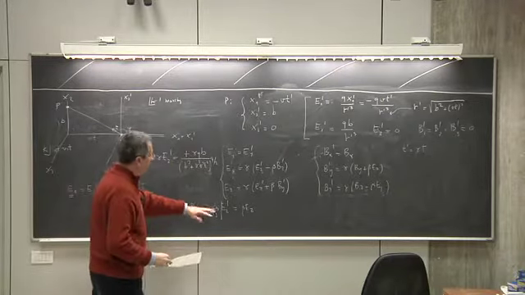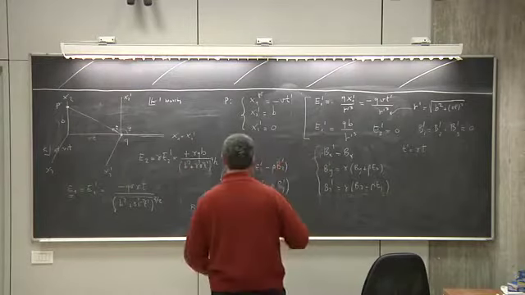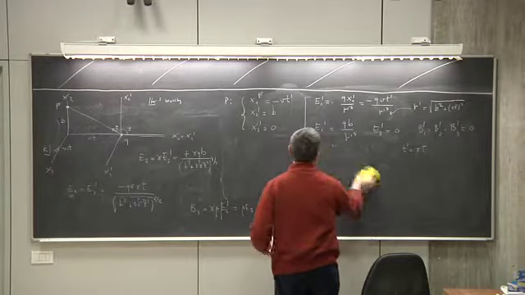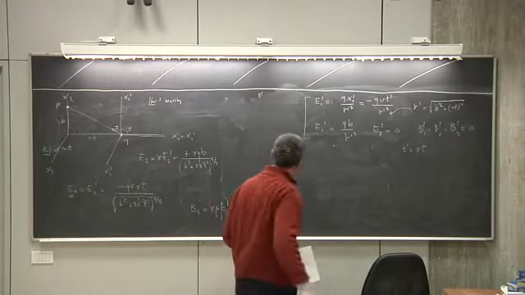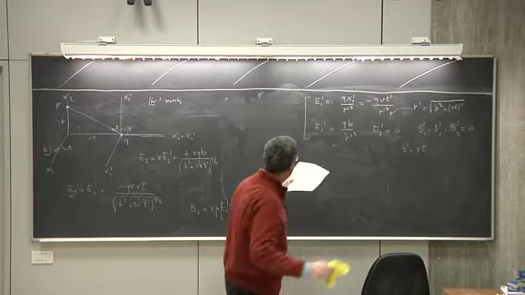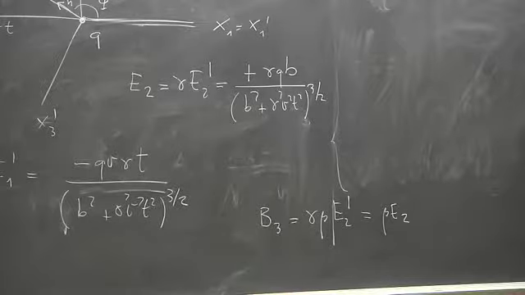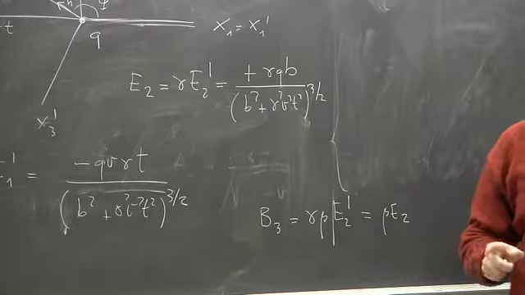Okay, so you get also the magnetic field through the same transformation, but let's just stop for a second to look at the shape of this electric field. And of course, you remember the results, right?